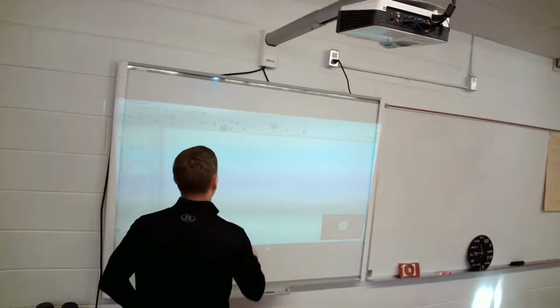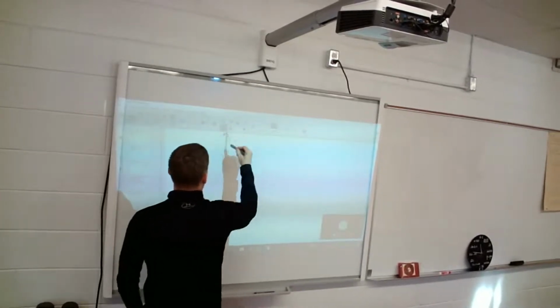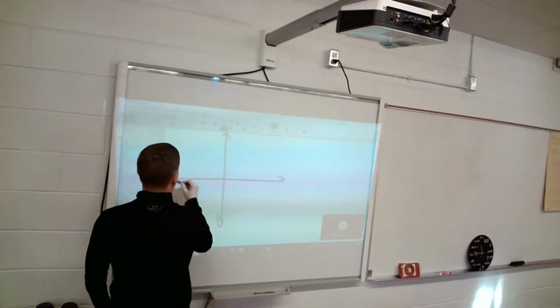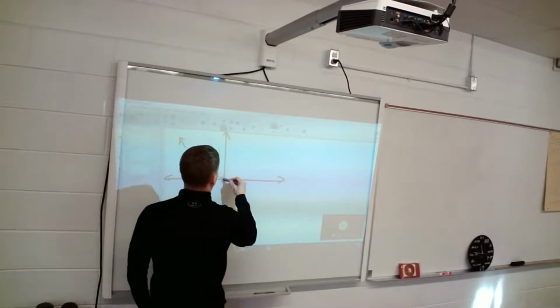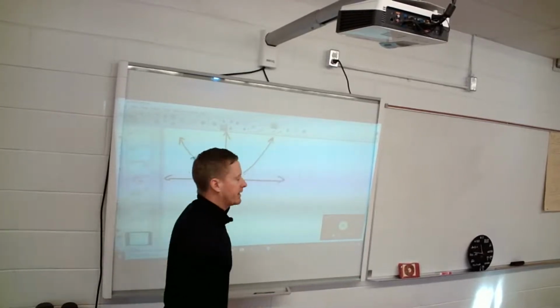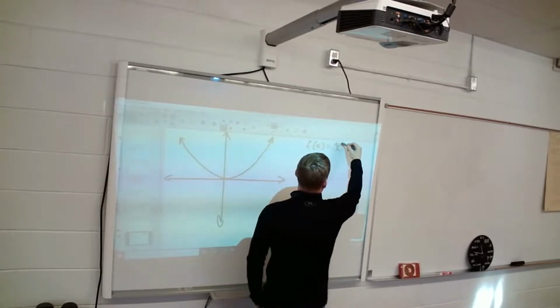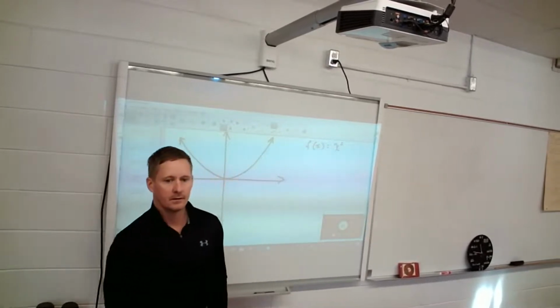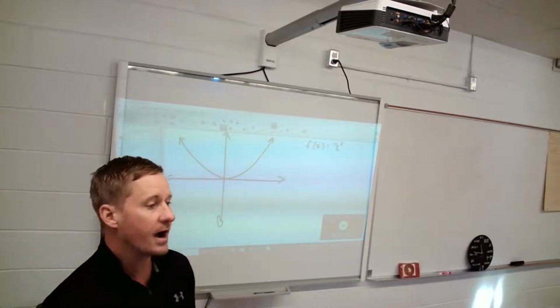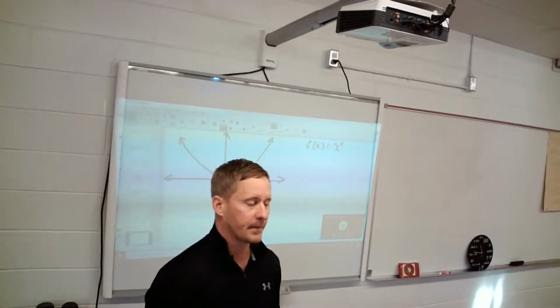So let's use this as our way to explain it. Okay? My first graph is f of x equals x squared. So that's the graph of y equals x squared. Agreed? All right.